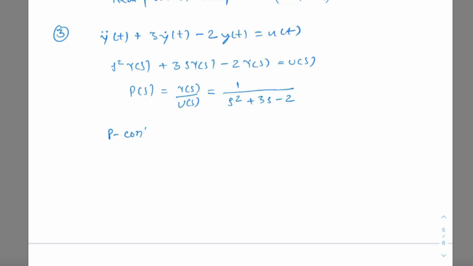So to have stability, Kp minus 2 should be greater than 0. That means Kp should be greater than 2.